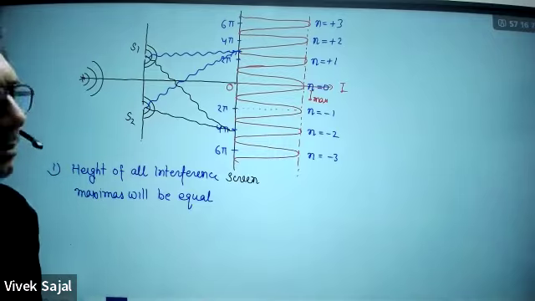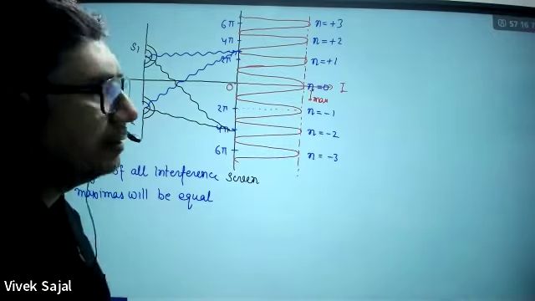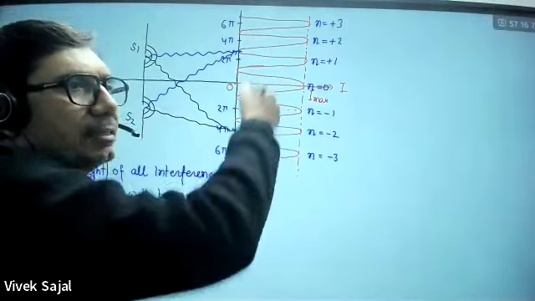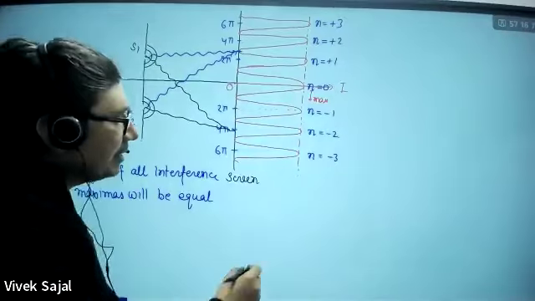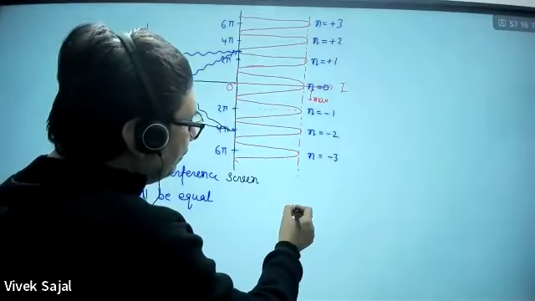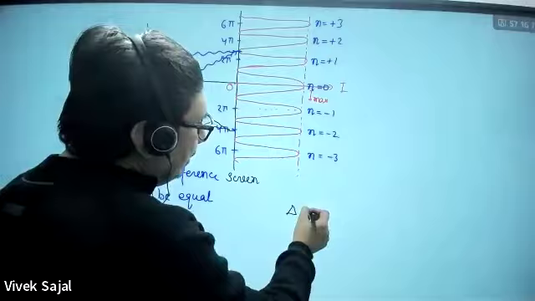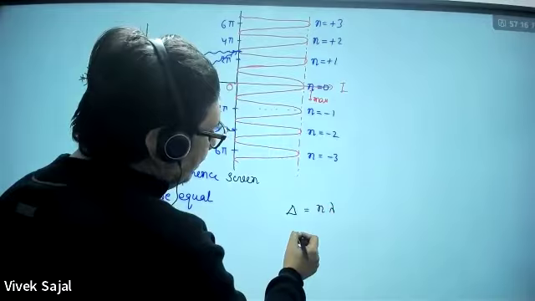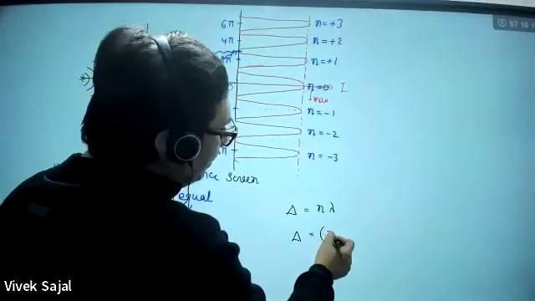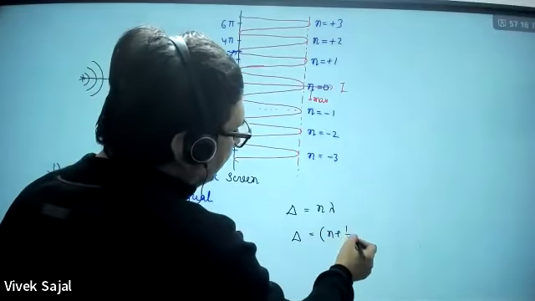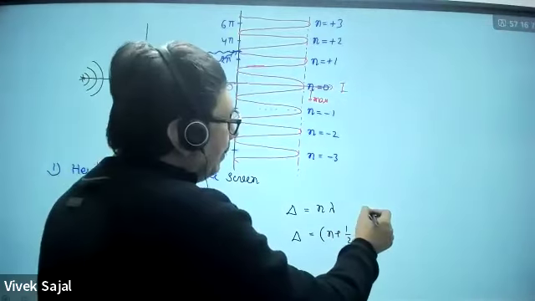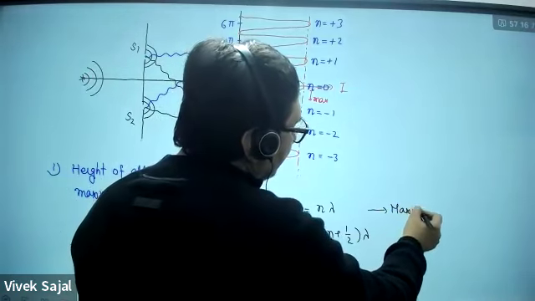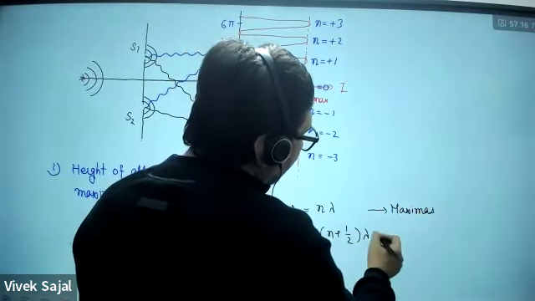Another important thing in this pattern: why are you getting these maximas and minimas? You're getting maximas and minimas because the path difference is n lambda for maximas and (n plus 1 by 2) lambda for minimas.